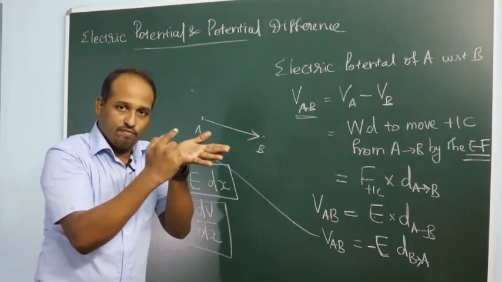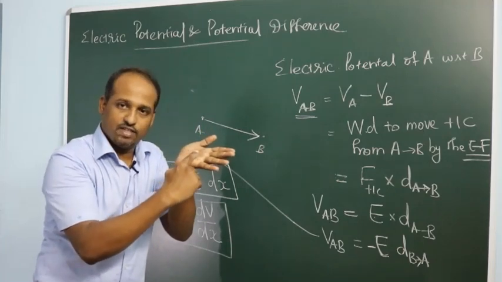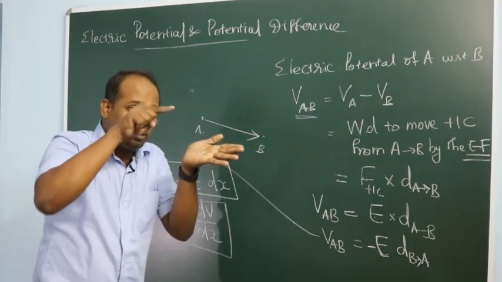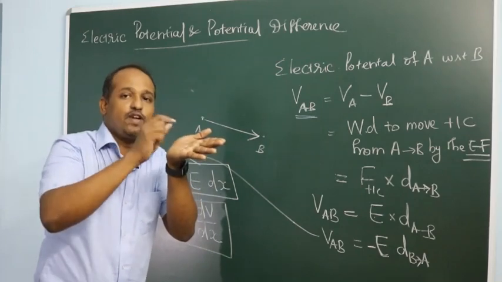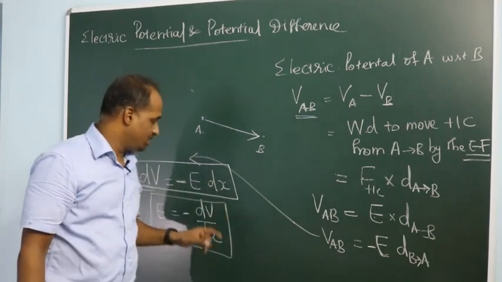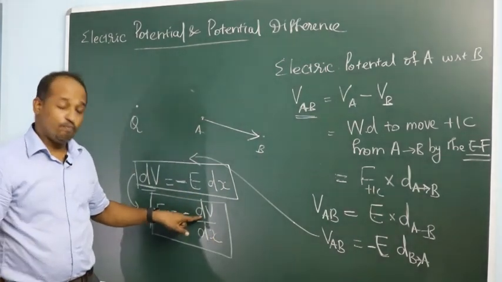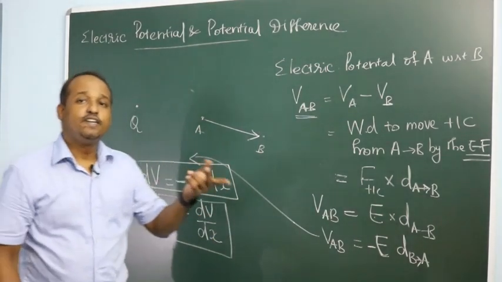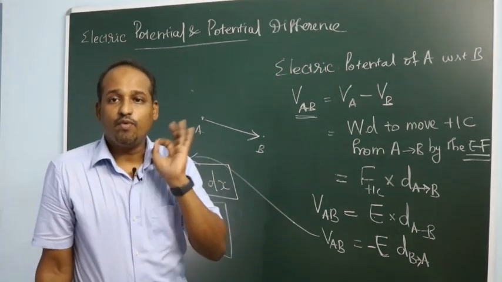The layer of the liquid in contact with the surface is at rest, the top layer is moving faster. So the difference in velocity of layers is called velocity gradient with respect to distance. The same way here, potential gradient means difference in potential for every 1 meter.